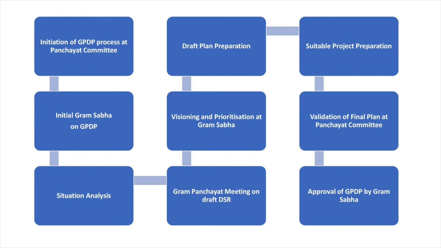Deviation from the approved activities must be avoided, and approval of the Gram Panchayat committee with proper justification must be taken in case any activity needs to be undertaken which is not a part of the approved plan. The Gram Panchayat should also ensure participation of local people in implementation and monitoring of the approved activities.